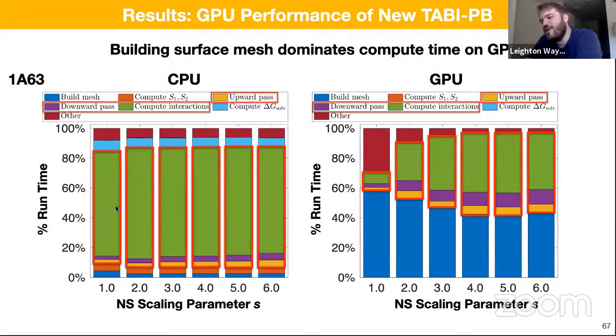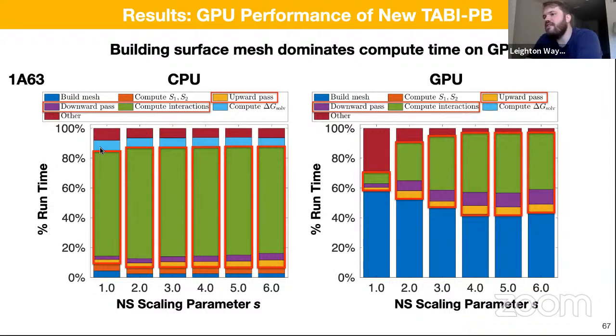I'm showing here a breakdown of the components of our code, the runtime on the CPU versus the runtime on the GPU. The red box parts right here is everything that goes into the matrix vector product. On the CPU, here's our build mesh time, so this is the calls to NanoShaper. These orange parts are computing those source terms. Like I said, this red box is the actual matrix vector product.